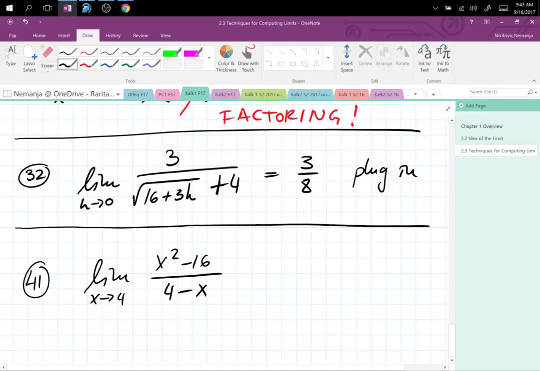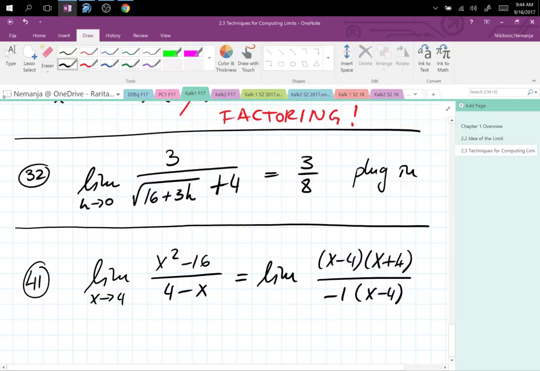And the answer is -8. Did you bet your money on it? Good. So we factor the numerator, and then we also factor the denominator.